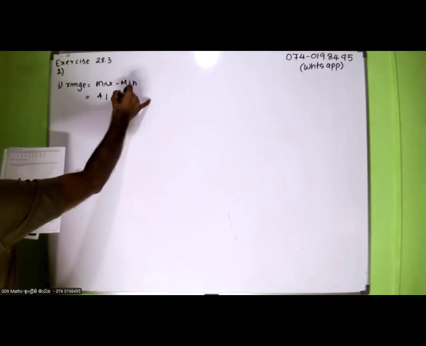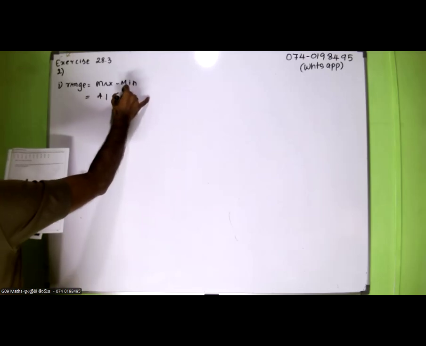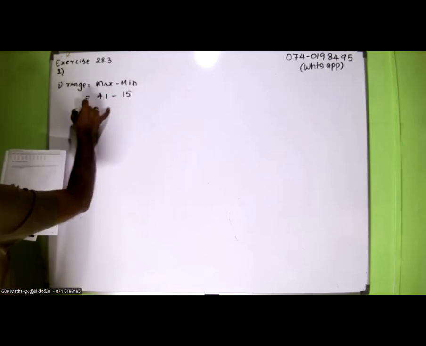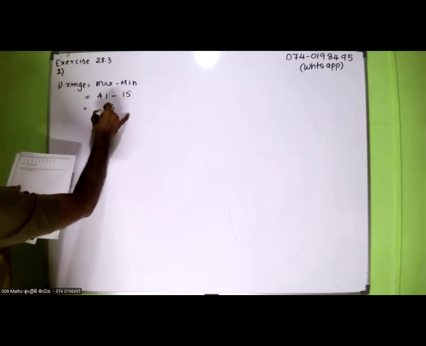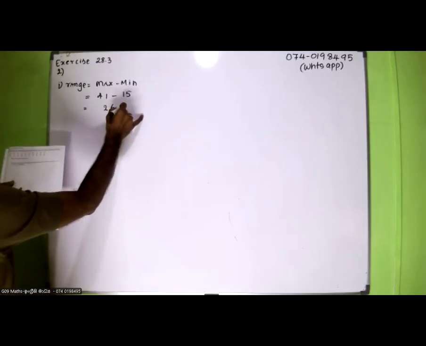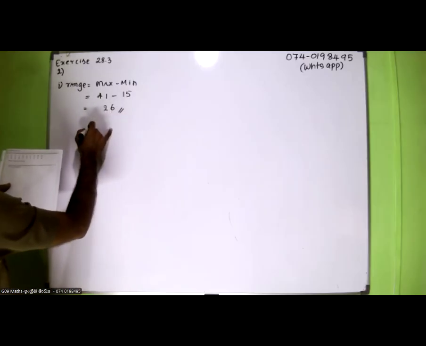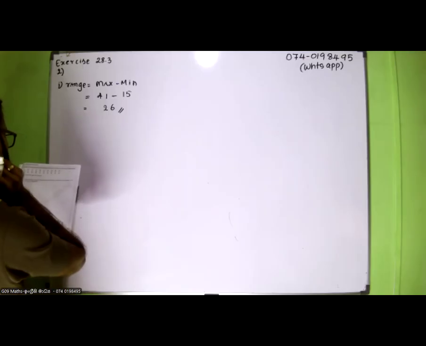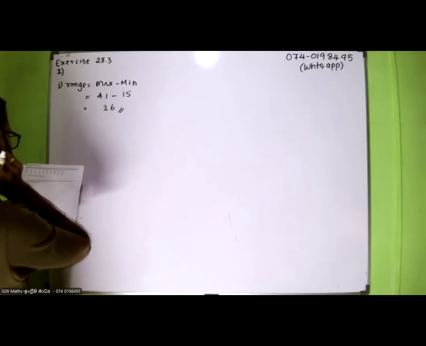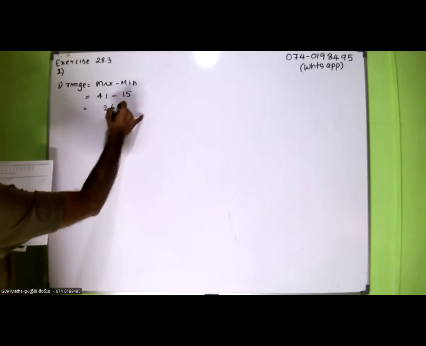Minimum? 15. Right. So the range is 26. Range is 26. So 15 is the minimum. Yes. So this is the range.